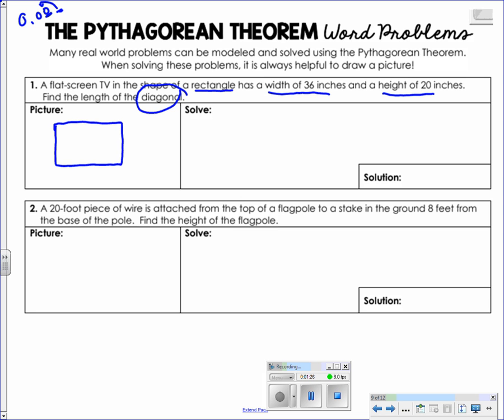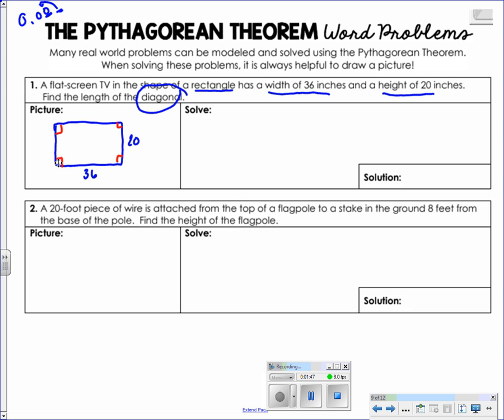And what I know is that the width is 36 and the height is 20. So I'm going to go ahead and label those parts. What I also know is that each angle of a rectangle is 90 degrees. Okay, so far so good.